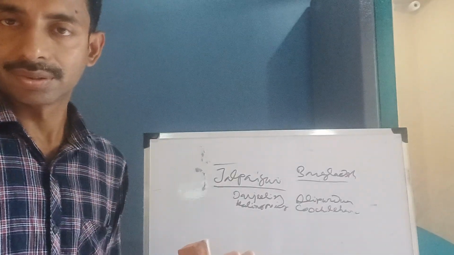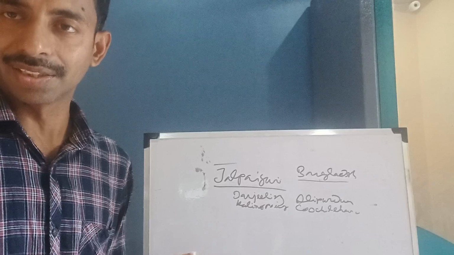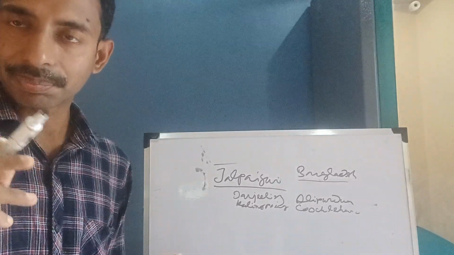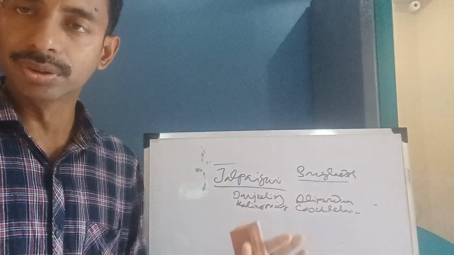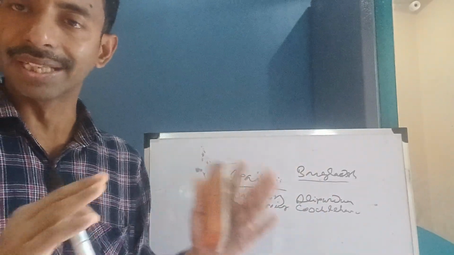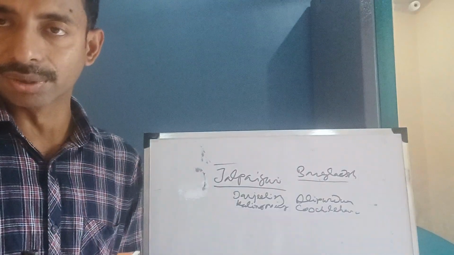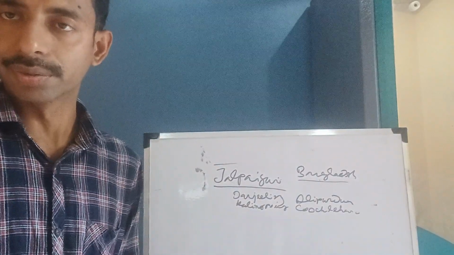So go through your study and keep the map clear in your mind about the neighborhood, adjacent borders, maybe national border, international border, state level border and district wise border.